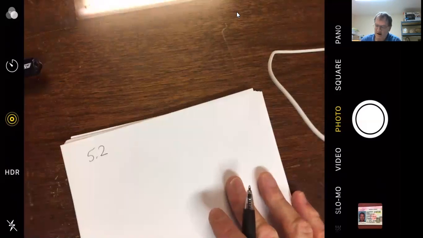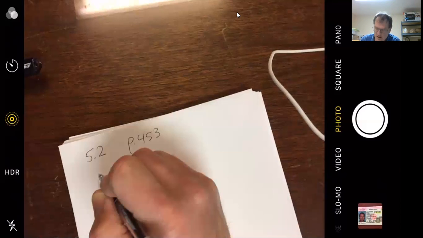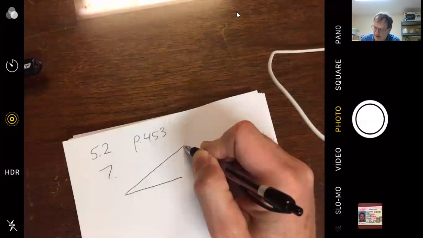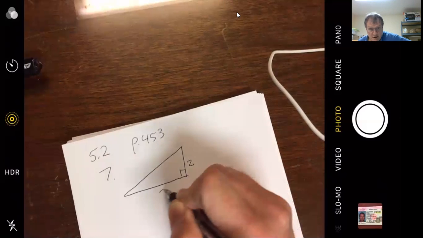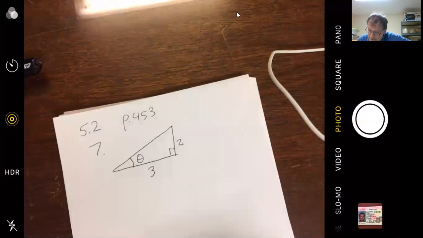This is off page 453. Number 7, they've twisted the triangles in every different situation. I'm just going to straighten it out. This is the right angle, and they put a 2 here, and a 3 here, and a theta here. I don't know why they twist them in every different configuration. Hope you know how to get the hypotenuse.